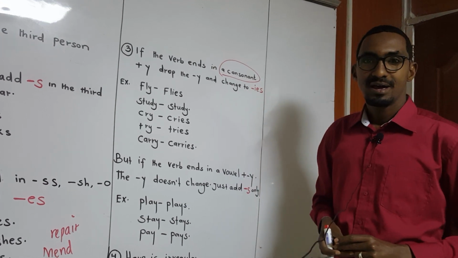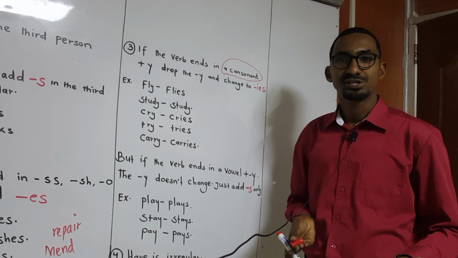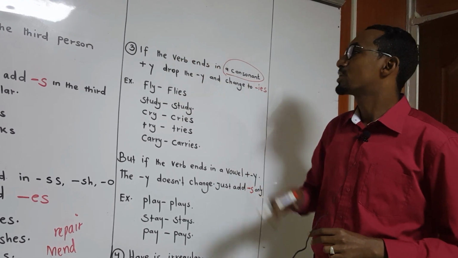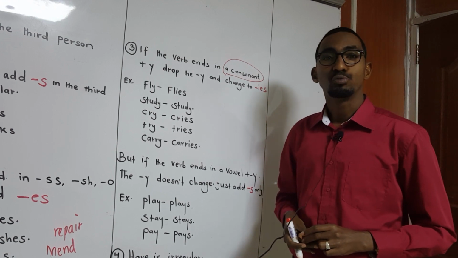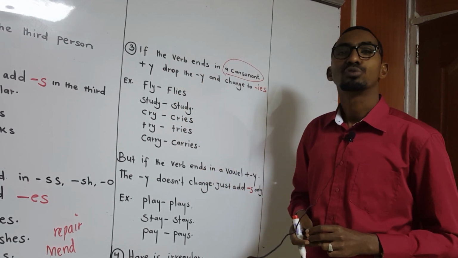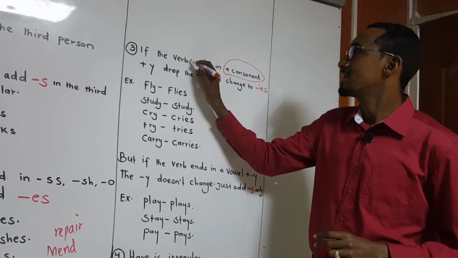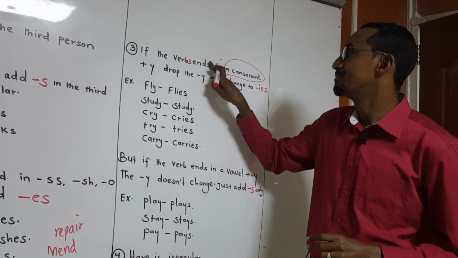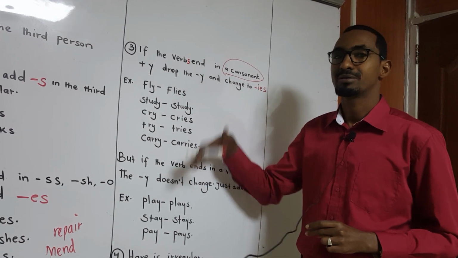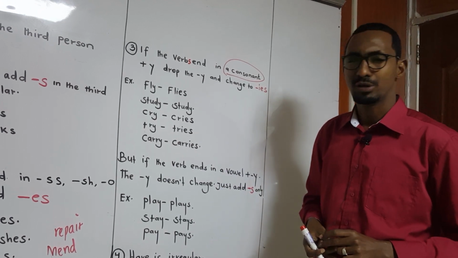These are B, C, D, F, H, like that. If the verbs end in a consonant, or I say, if the verbs end, let me remove the S.